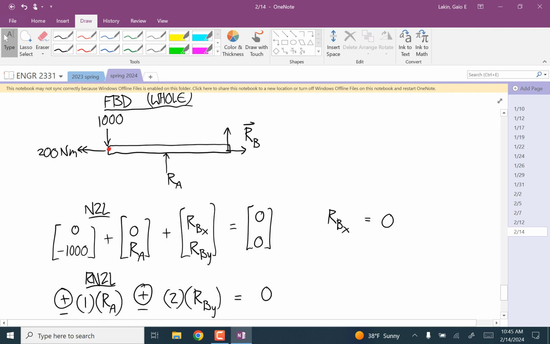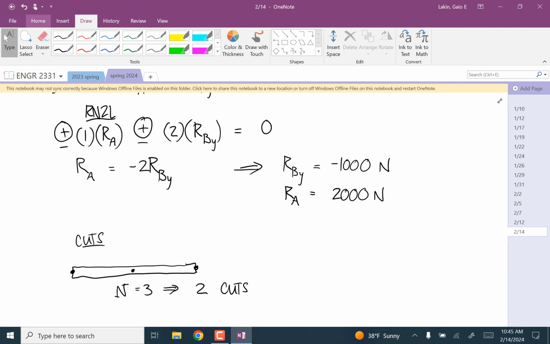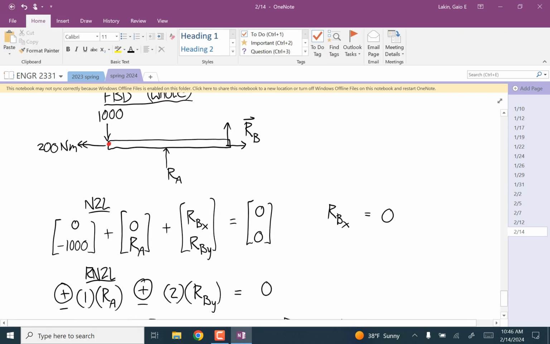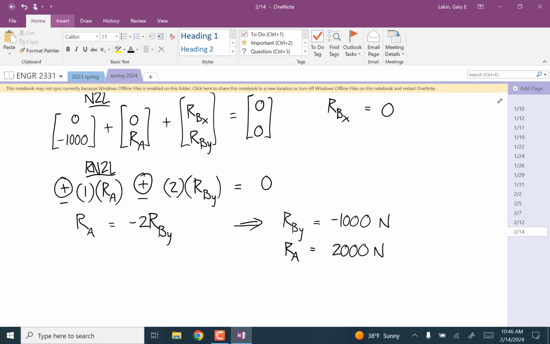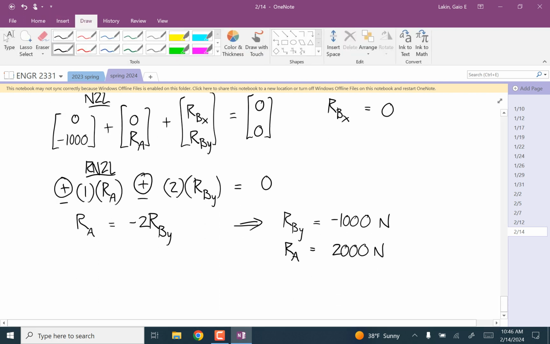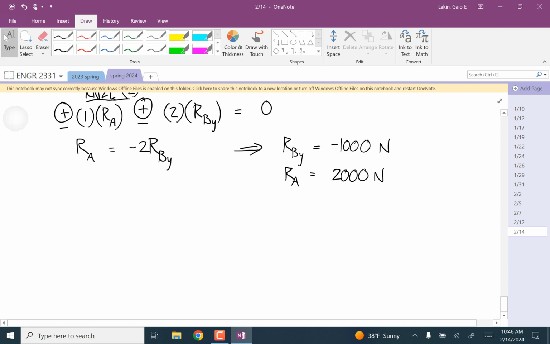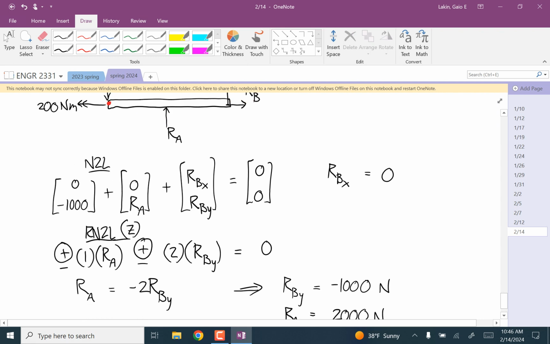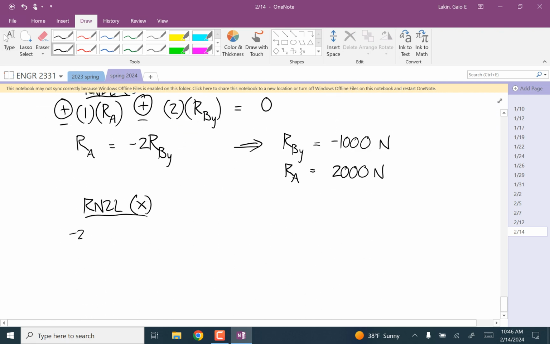Nope. Okay, so this is the z moment equation. So now we have to do it for x. Totally blanked on that, because in statics we never do that, you know. So we have that 200. Yeah, so we have negative 200.